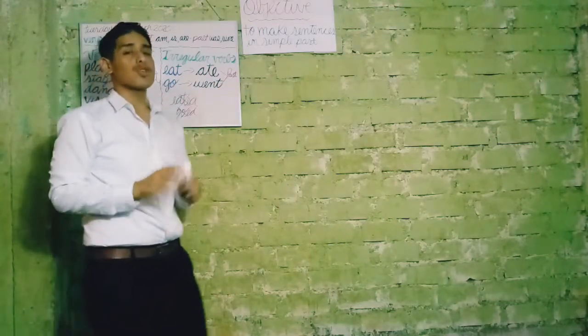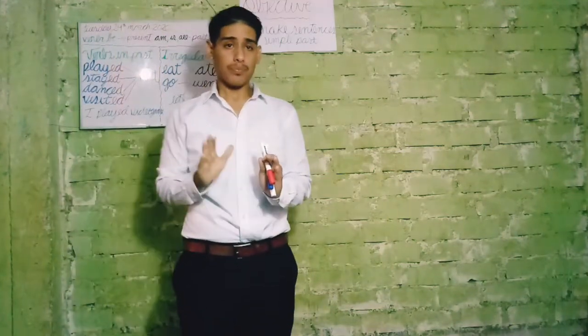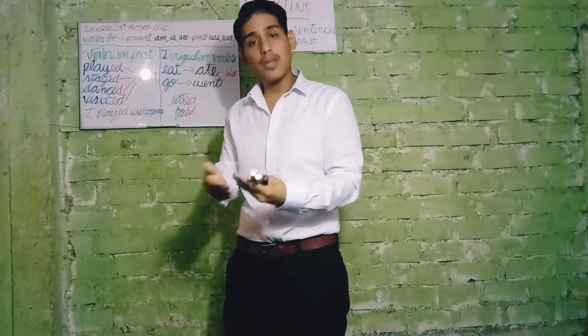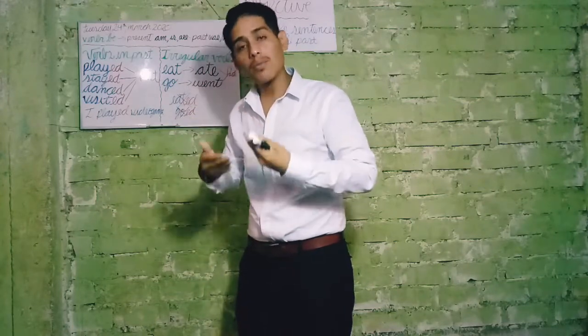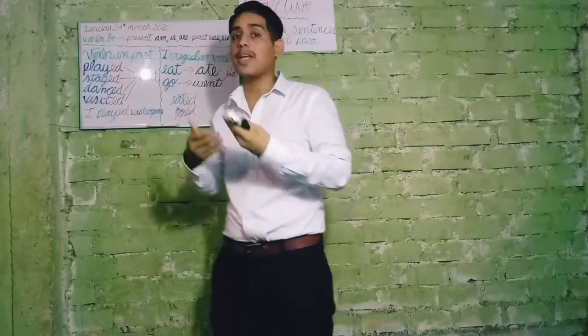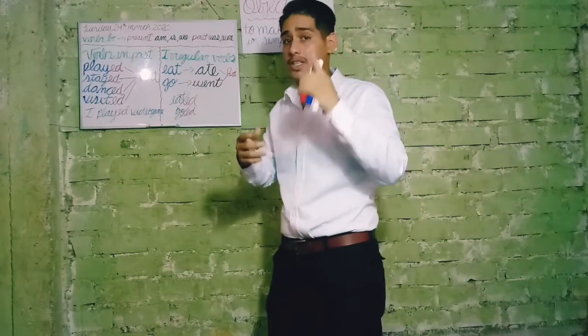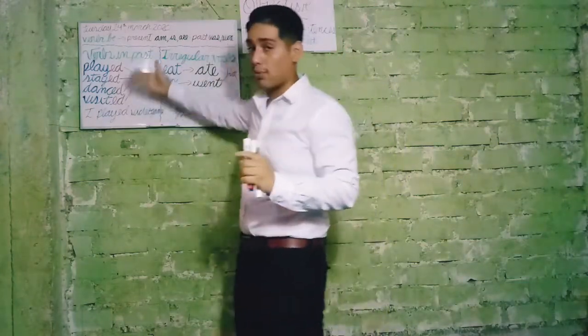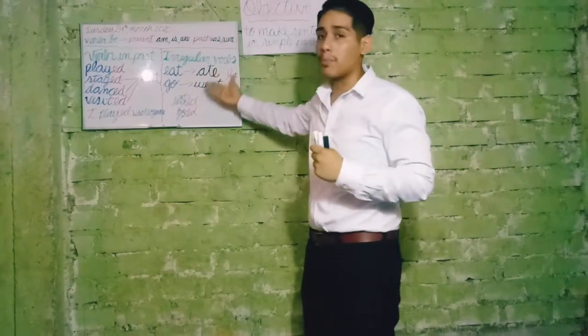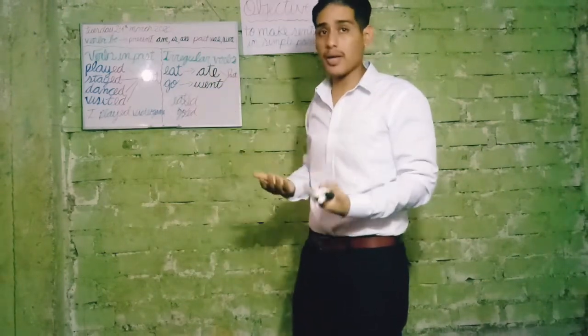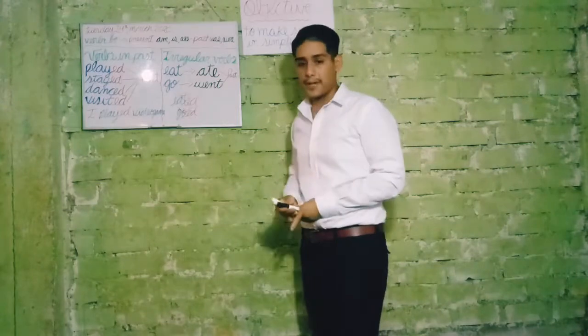Okay? So don't worry, because that is easy. With time, you are going to learn verbs in the past little by little, but take into account that those are the most important, and you have to remember those irregular verbs too. Okay? So that's the idea.